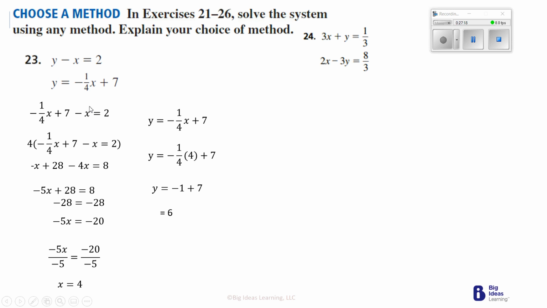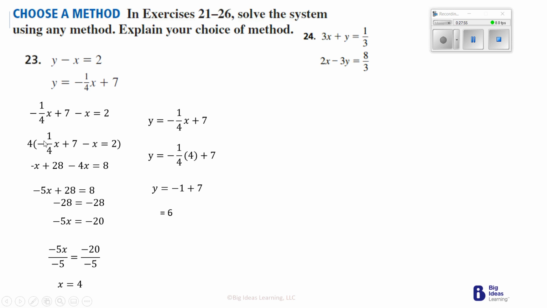I'm not sure how they're doing this, but it looks like what they did here is, since y equals this, they took this y from here and put in negative 1/4x plus 7. They replaced it, and that minus x will equal 2. So all they did was take this and replace this y with it.